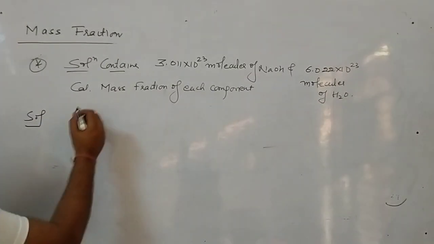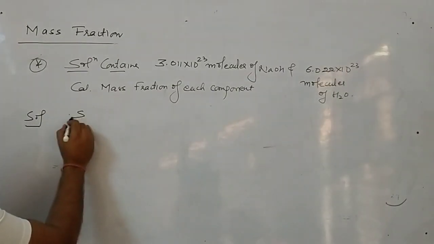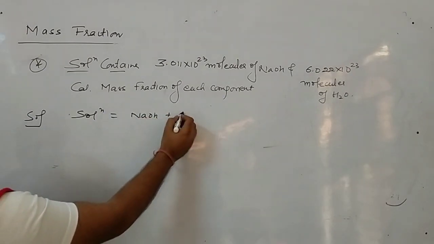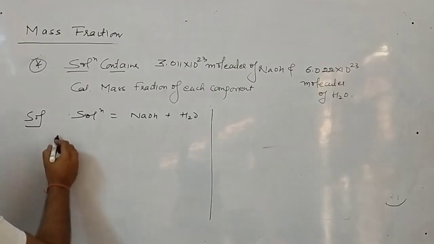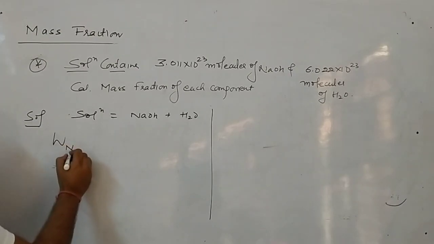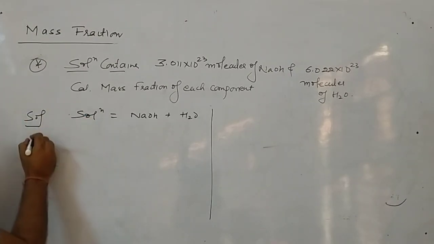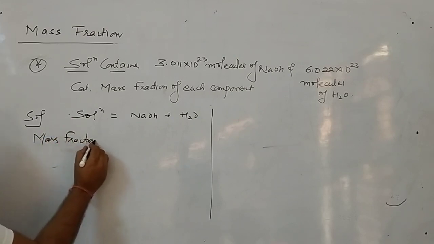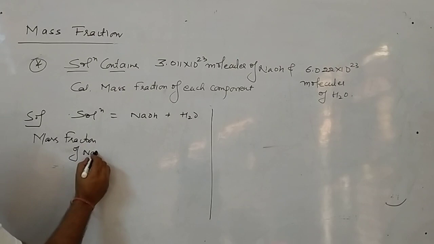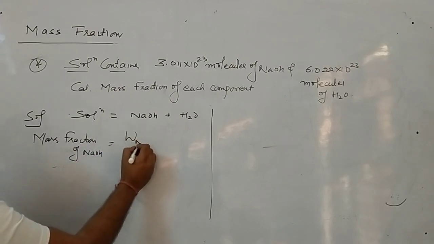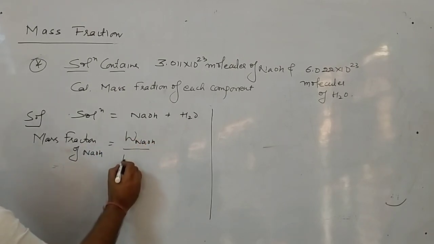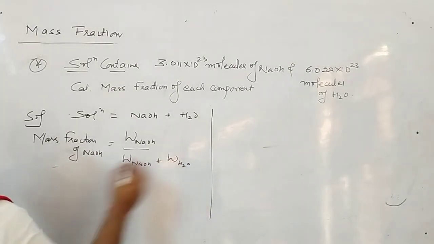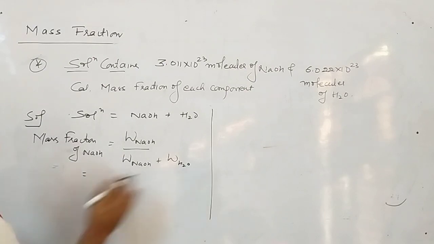So you are given a solution containing NaOH plus water. Now listen students, if I want to calculate the mass fraction of NaOH, then it is equal to mass of NaOH upon mass of NaOH plus mass of water. I want this data.